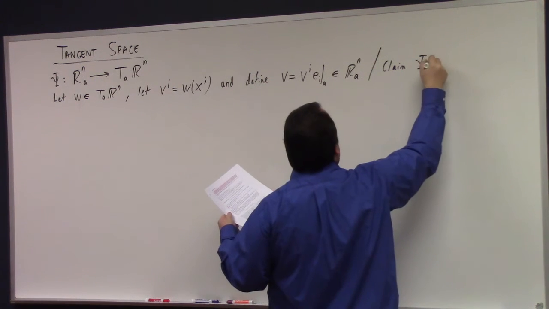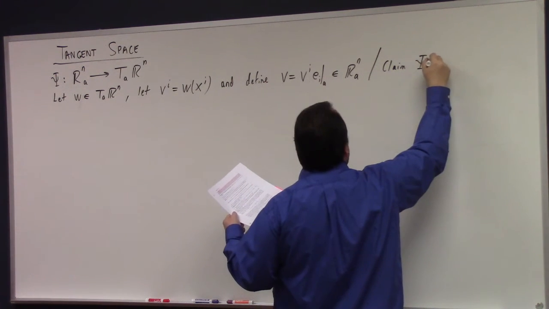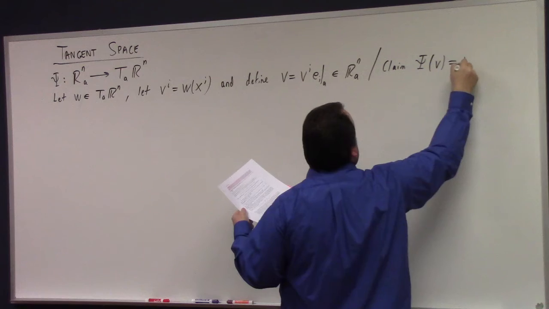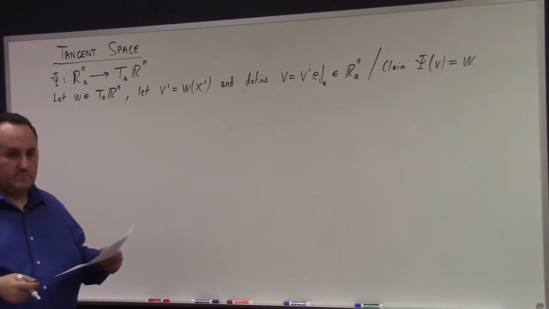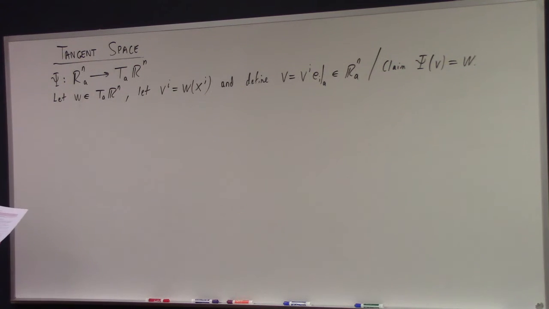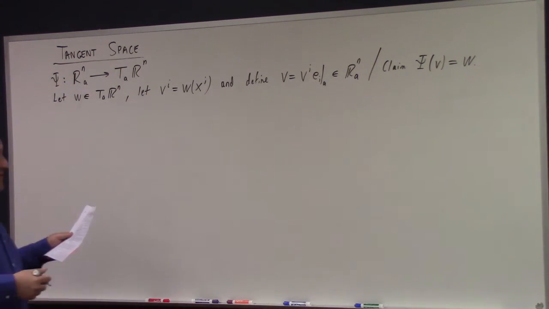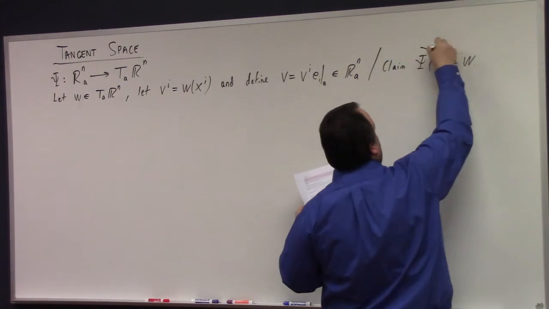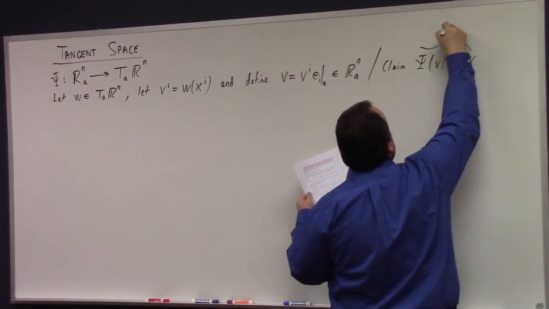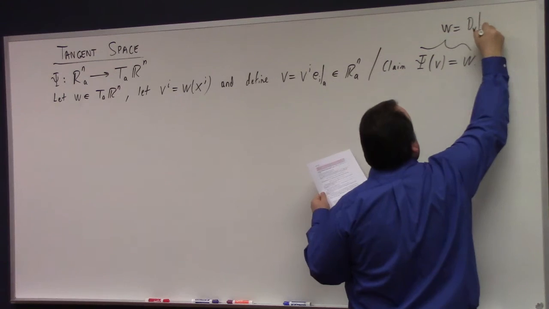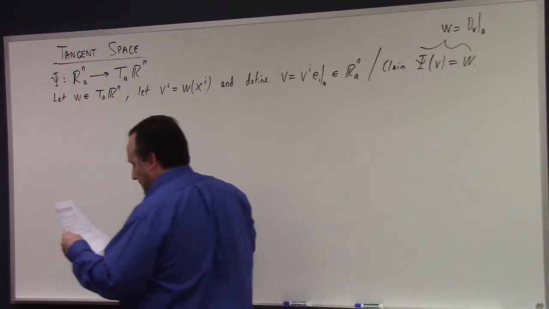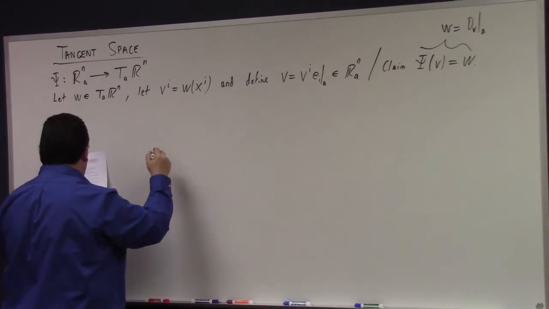The claim is that psi of this V is equal to W. Okay? And he says we will show that W is equal to the directional derivative in the V direction at A. All right, great. Now here's where it gets interesting.